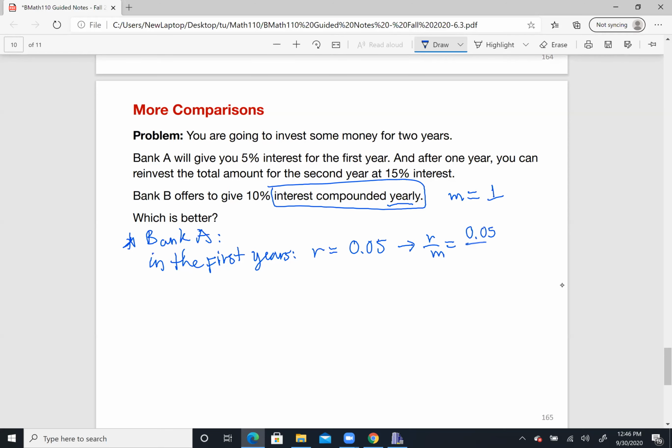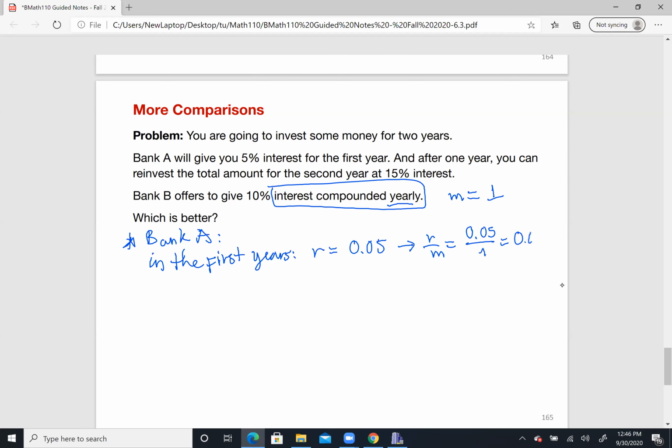0.05 divided by 1 is equal to 0.05. And then M times T, I say T1, right?